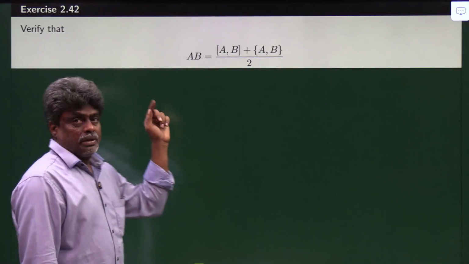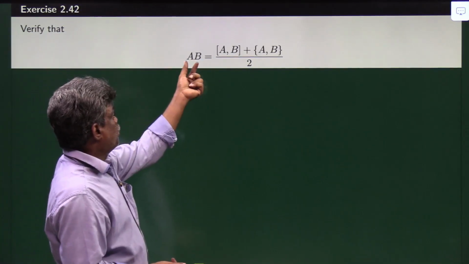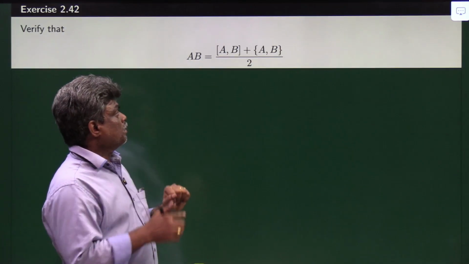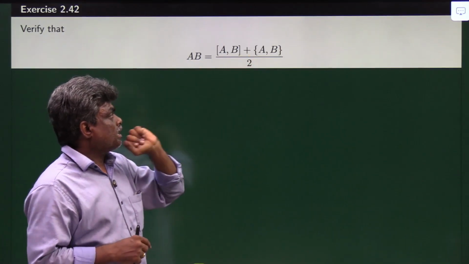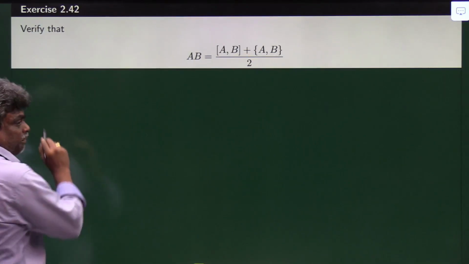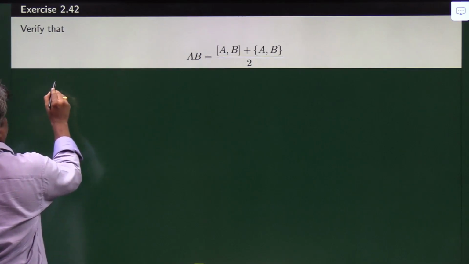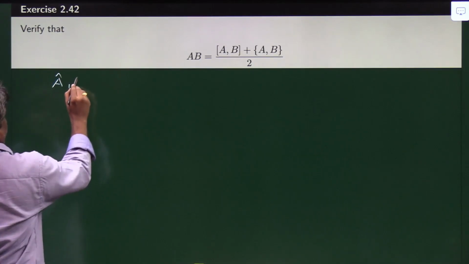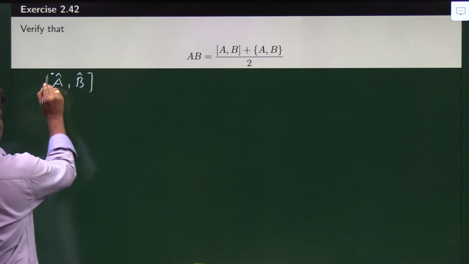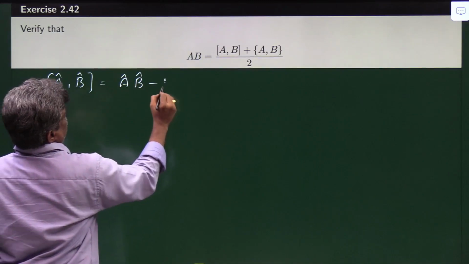Now this is our next question. Here we have to verify that the product of two operators AB equals the commutator plus its corresponding anti-commutator, divided by 2. Let us say A and B are two operators. The commutator of A and B is defined as AB minus BA.